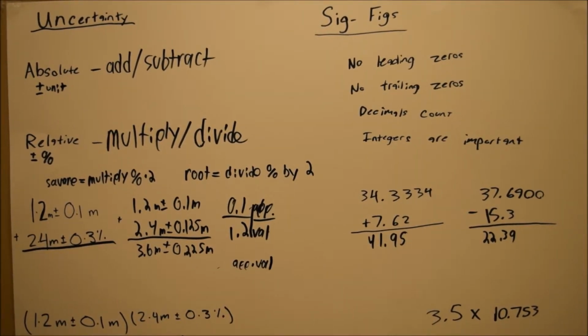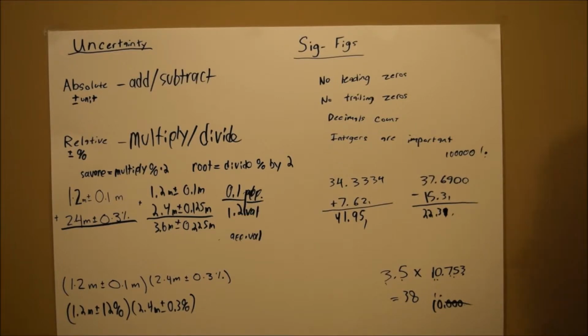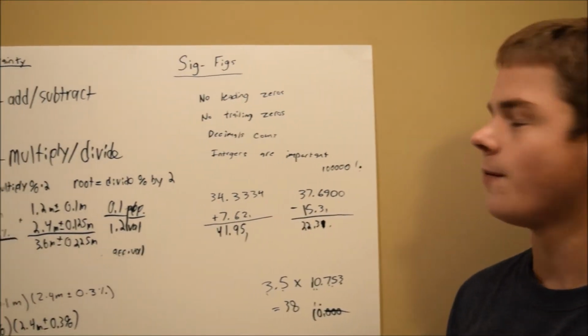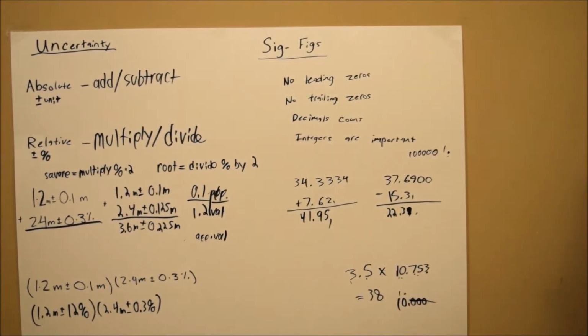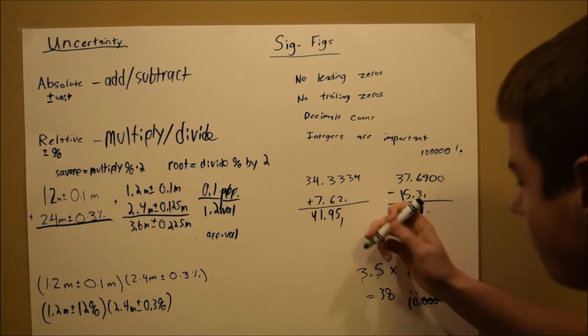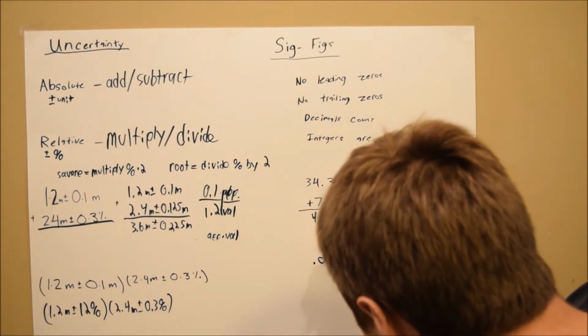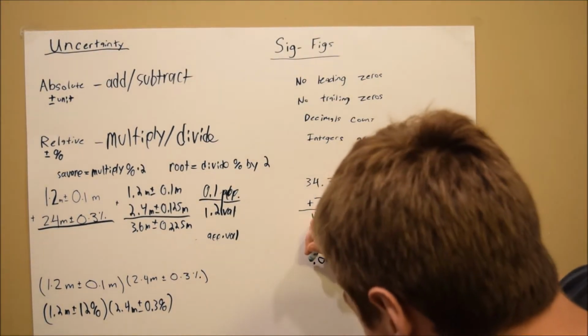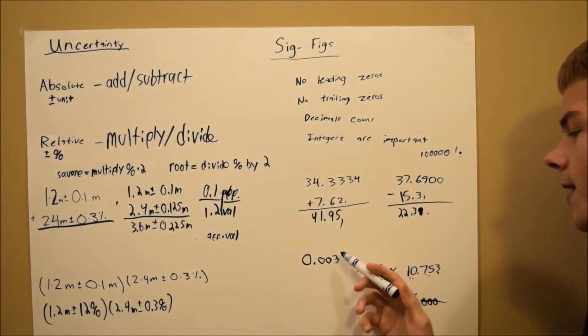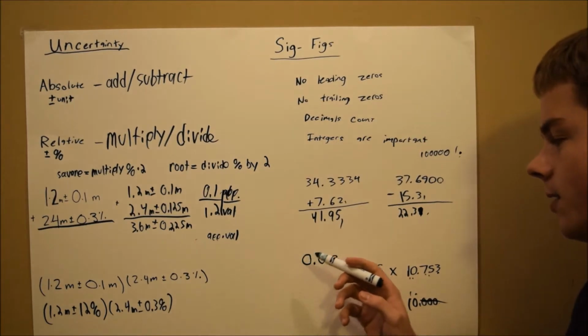Hello, this is Connor filling in for Alex. So sig figs, the rules that you need to know the most are, first of all, leading zeros don't count. So for example, if you had 0.003, don't forget your 0 in front of the decimal. The two zeros right here do not count as sig figs, and neither does this.